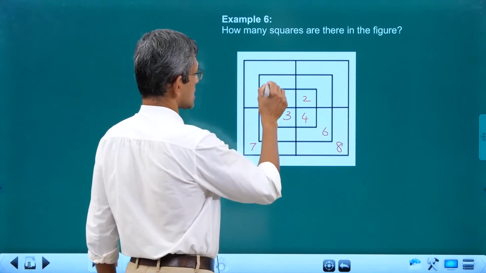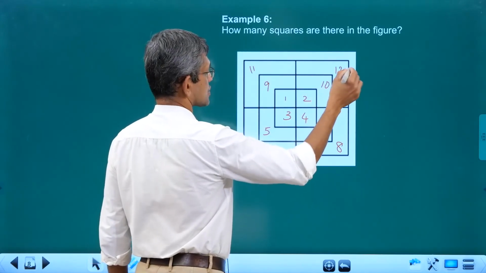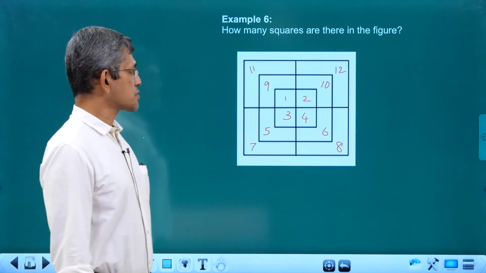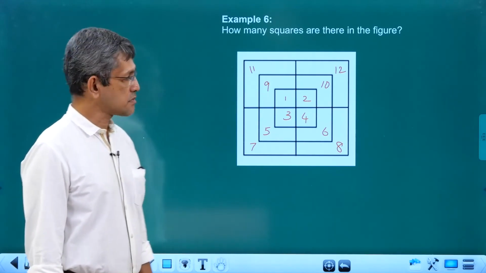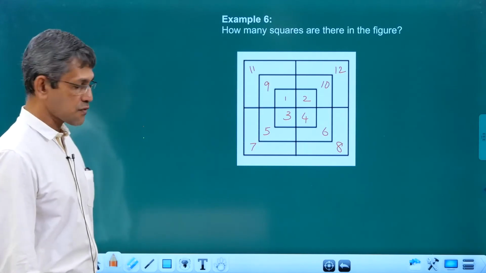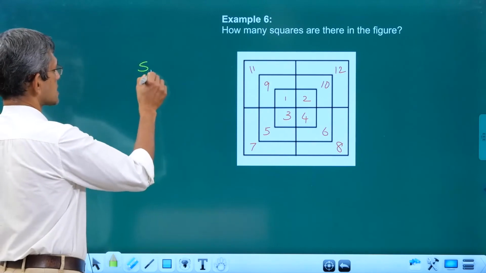And this one mark as 9, 10, 11 and 12. So 12 pieces. How many squares are here? All these pieces are not really squares, but some combinations of the pieces are squares as well. So ultimately, this is the counting method.